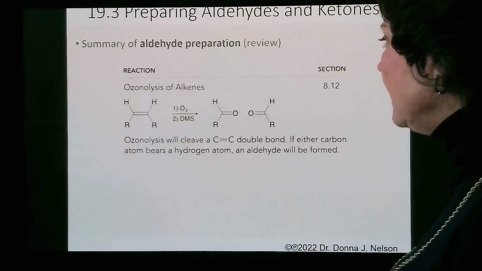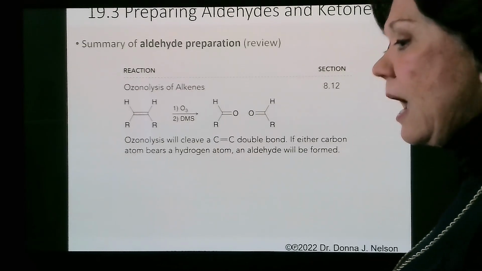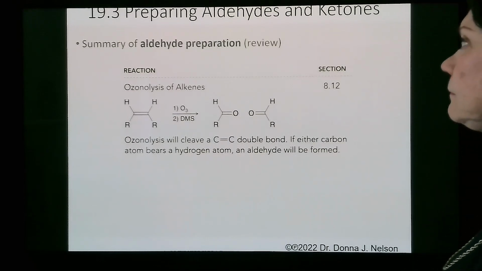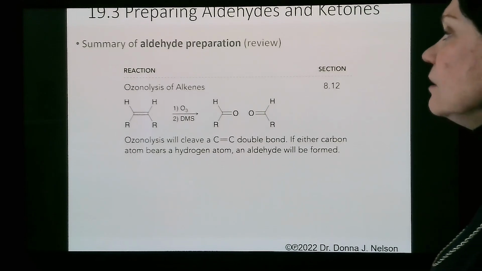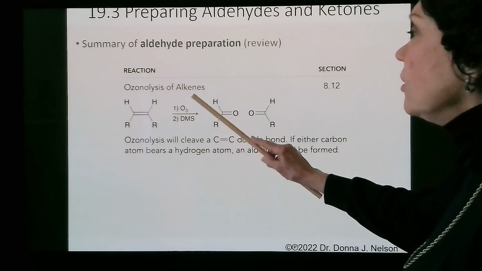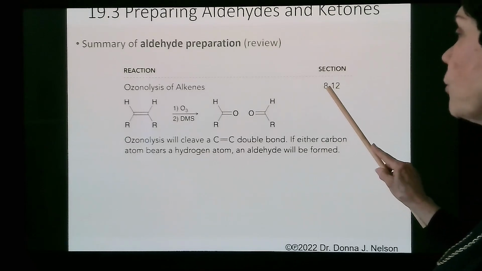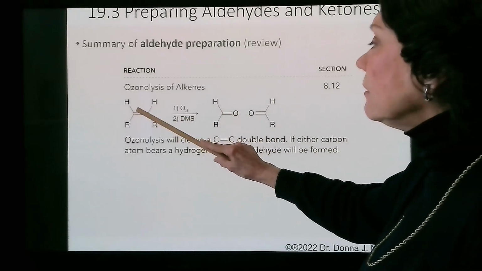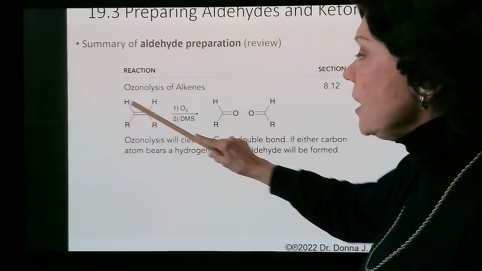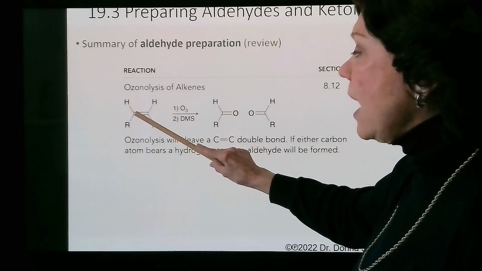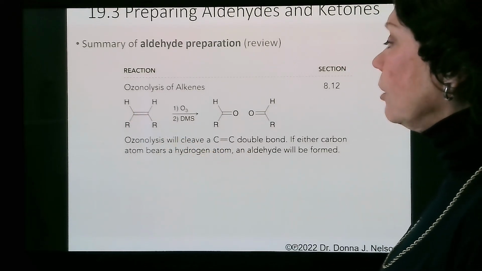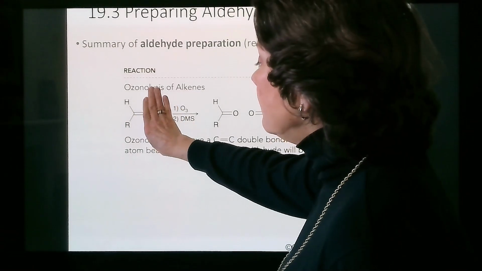Let's see if I missed anything. Yes. Okay, so now a review of some of the reactions that will yield aldehydes. So the ozonolysis of alkenes from chapter 8, you remember that if it is an alkene such that you have a CH bond attached to the carbon, this is going to generate the aldehyde.